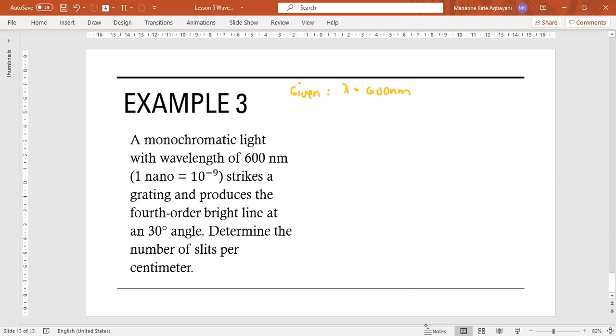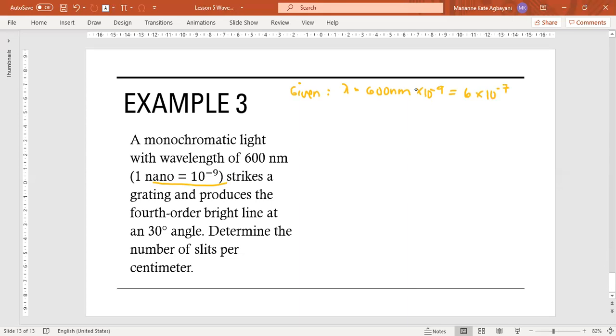600 nanometer. How are we going to convert this? Since i-convert na to siya, dapat i-multiply na to siya 10 to the power of negative 9. That will be 600 times 10 to the power of negative 9, which is equal to 6 times 10 to the power of negative 7.